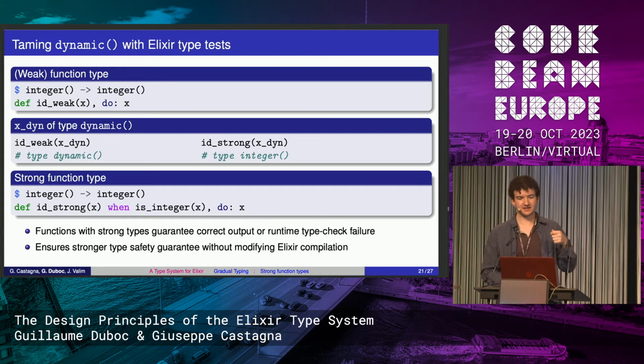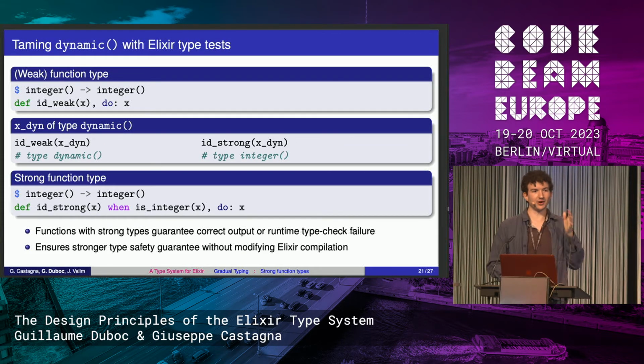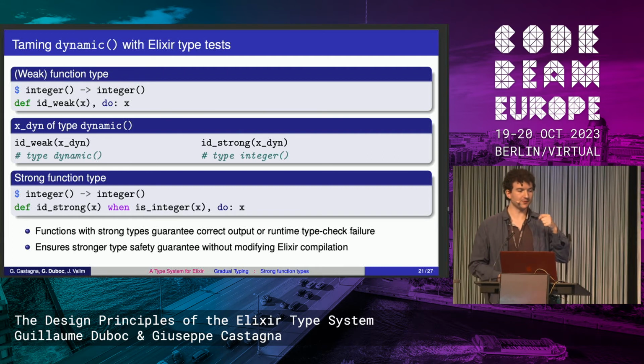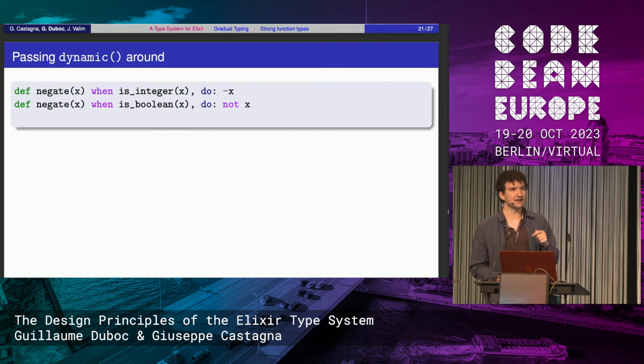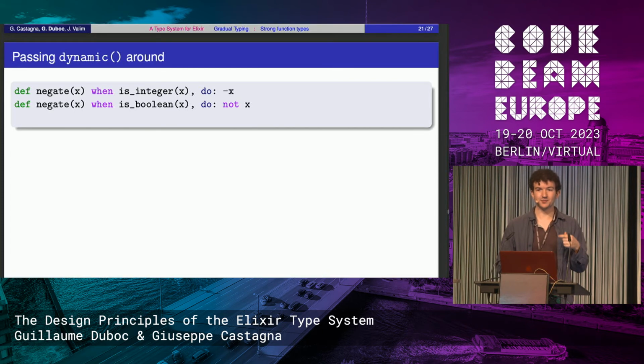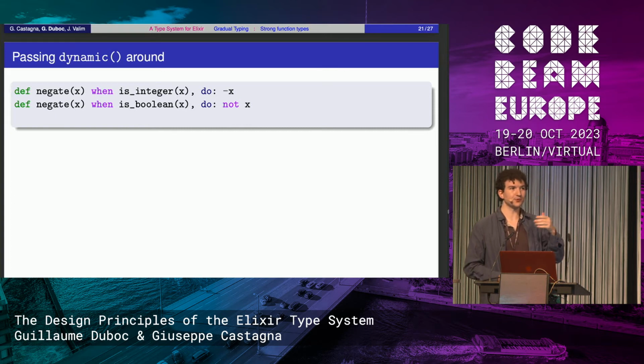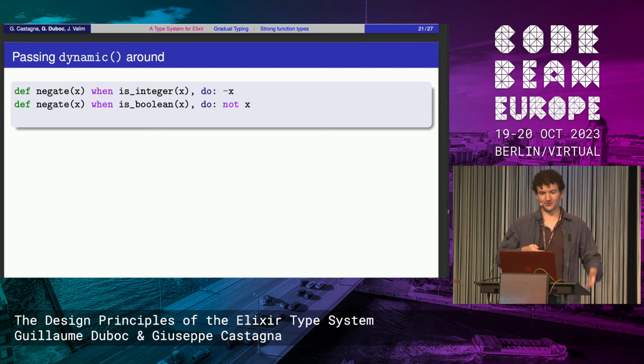And this is what ensures a boundary, and being able to infer such strong types reduces the propagation of dynamic through programs. In fact, dynamic is going to be used as well to relax the way that the type checker type checks programs that you've already written.